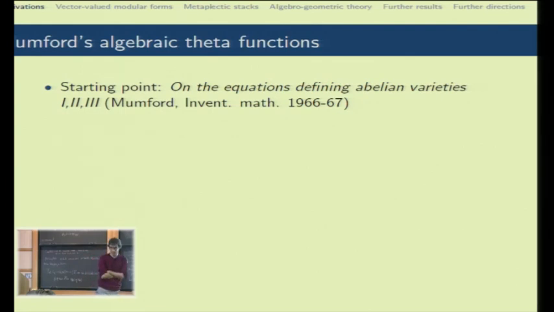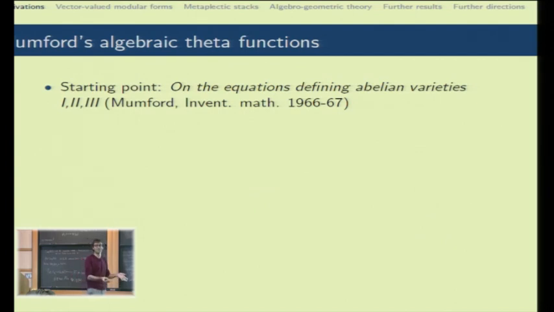So the first thing that comes to mind is, let's try and Google equations defining elliptic curves. That doesn't lead you anywhere, because usually you use the Weierstrass model anyway. But when you think about higher dimensional abelian varieties, theta functions are used to embed these abelian varieties into projective space.